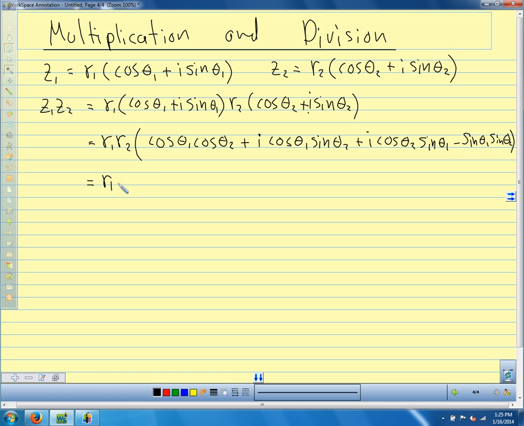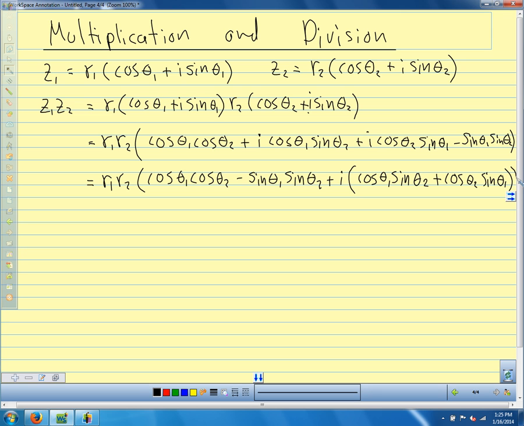So I get r1 r2 times cosine theta 1 cosine theta 2 minus sine theta 1 sine theta 2, plus i times cosine theta 1 sine theta 2 plus cosine theta 2 sine theta 1.